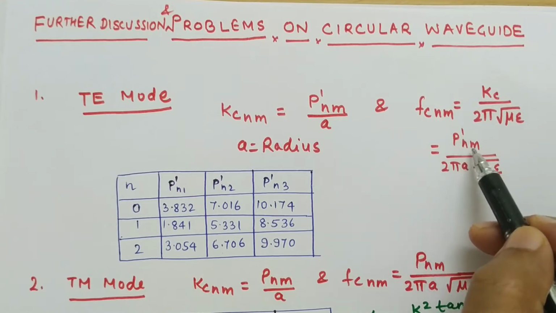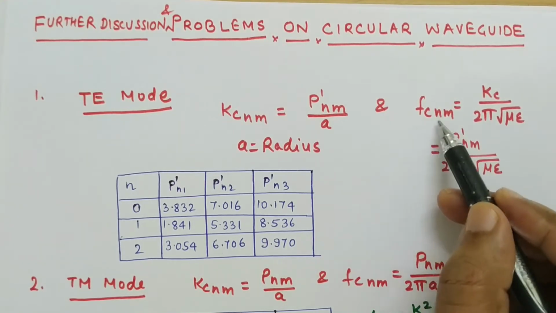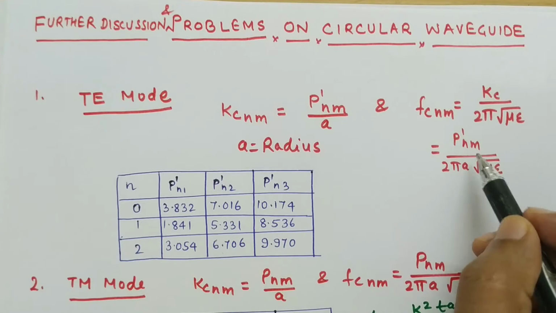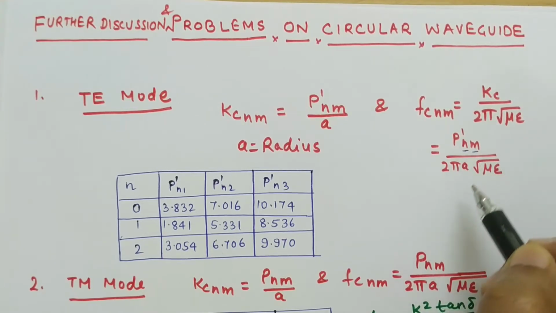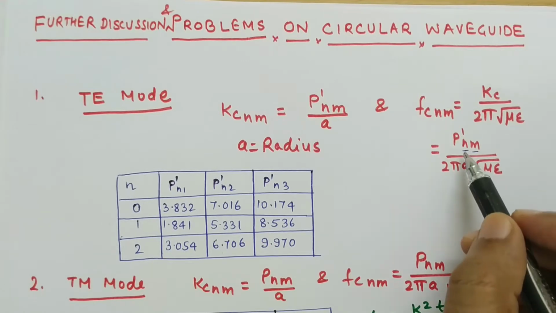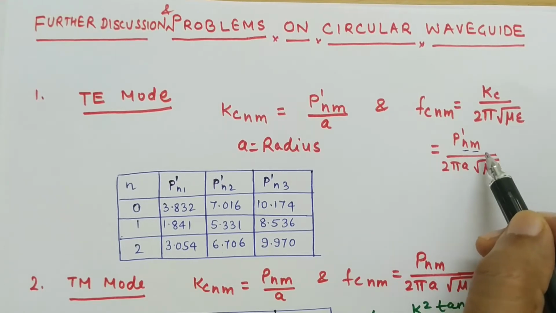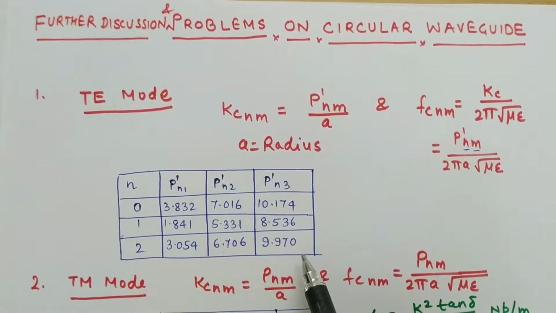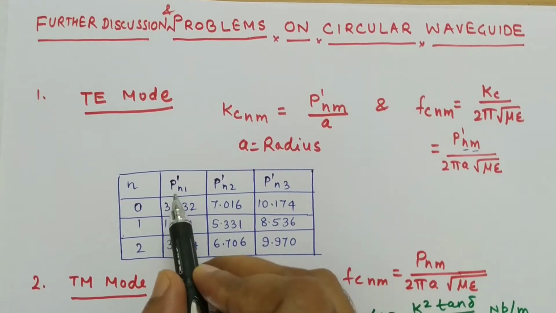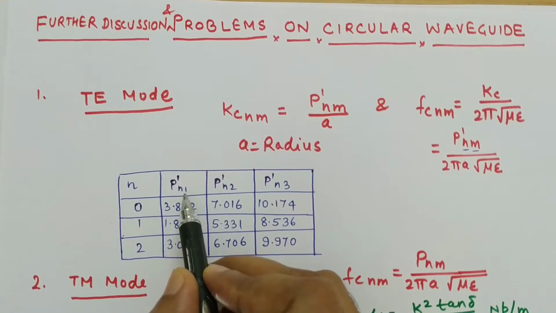Now this P dash nm is required to calculate the cutoff frequency for each mode. Here n is an integer and m is also an integer. So let us take a few values of n and m and write them down in a table. So here we have P dash n1.